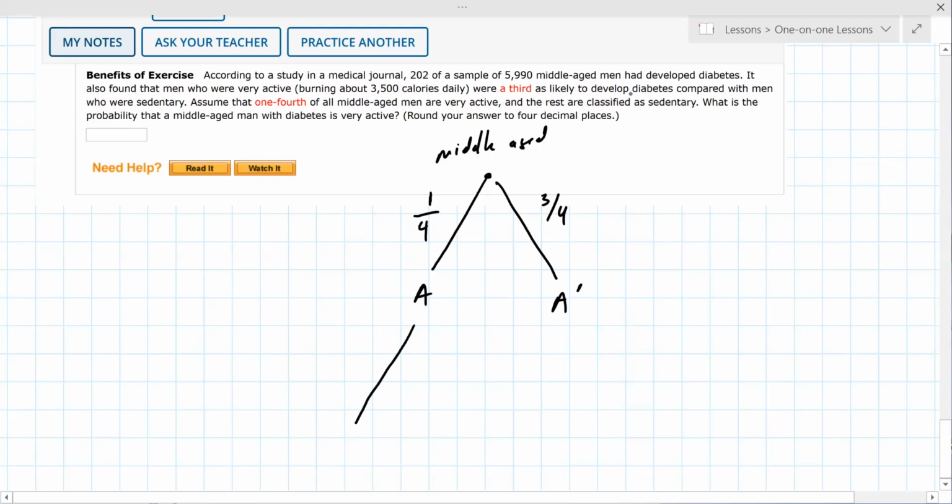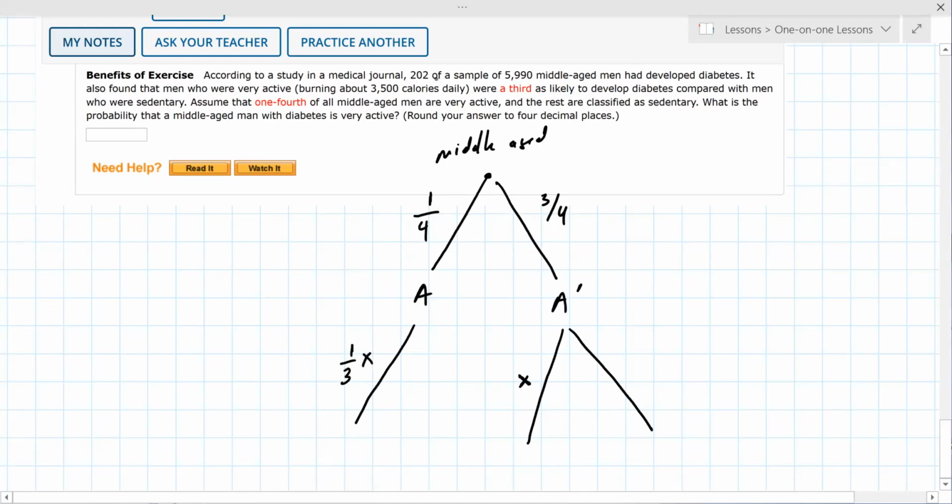a third is likely to develop diabetes as compared with men who were sedentary. So that's a little weird. It's like here's whatever this number is over here. I'll call this X. This is 1/3 of X. And you might think, well, how does that help?